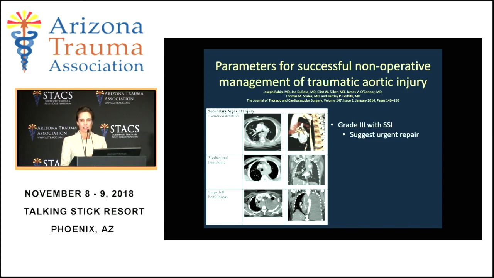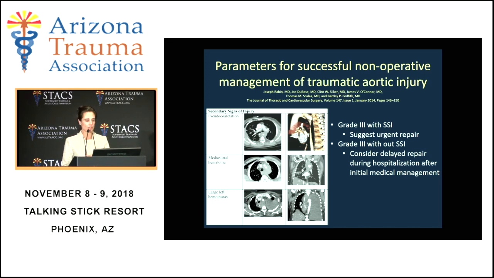So the grade 3s, those are the pseudoaneurysms with what they consider secondary signs of injury, or SSI. These suggest urgent repair. These are the ones that we don't want to wait on. So grade 3s without SSI, you can consider delayed repair during the hospitalization or even just initial medical management.